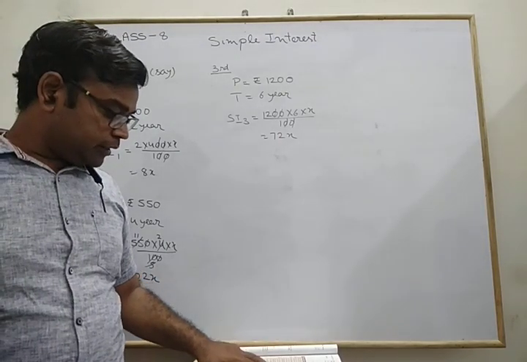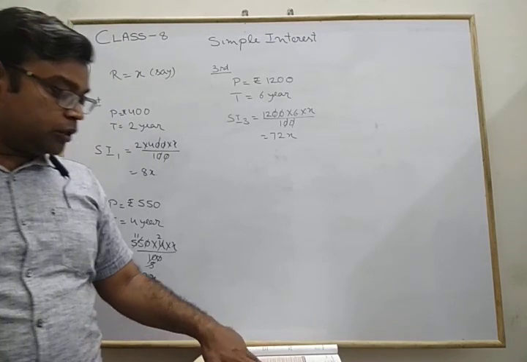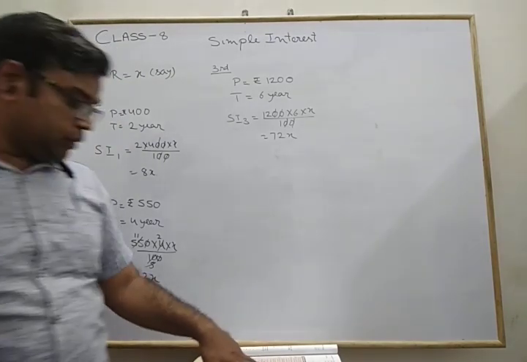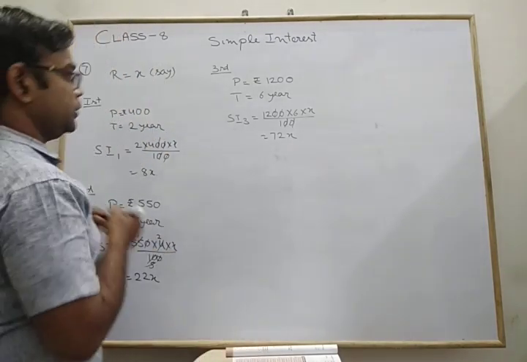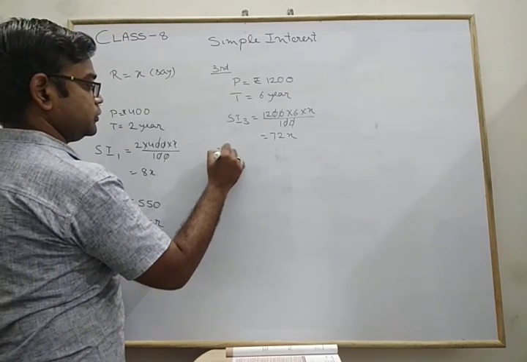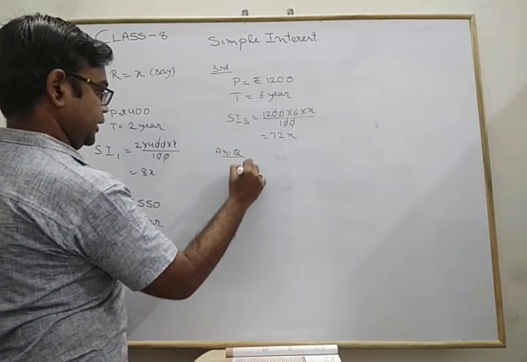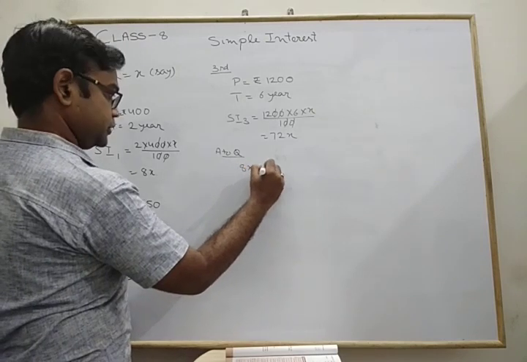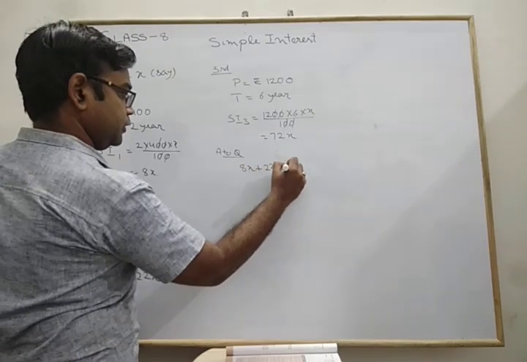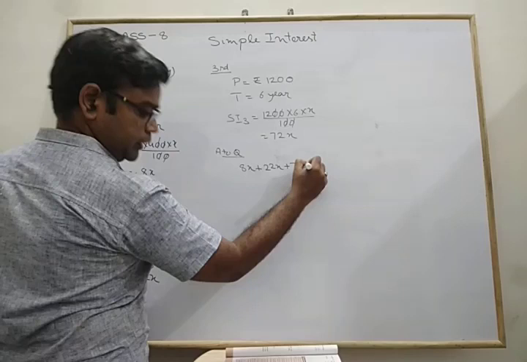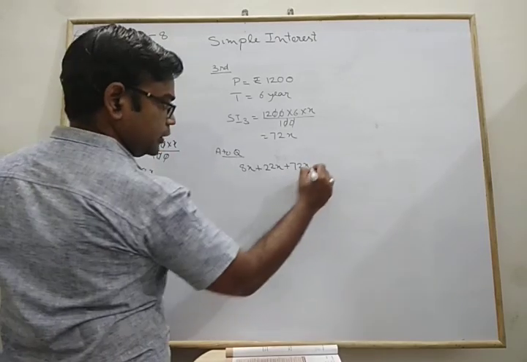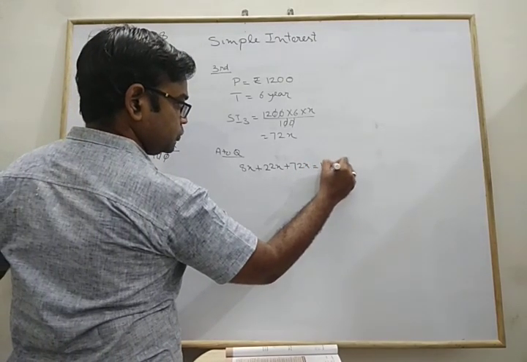Now it says that if we receive a total interest of rupees 1,020, so according to the question, 8x plus 22x plus 72x equals 1,020.